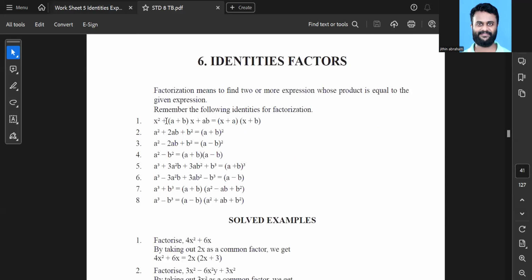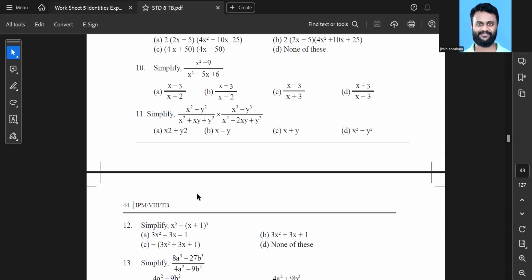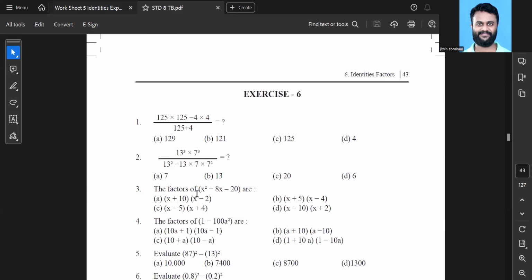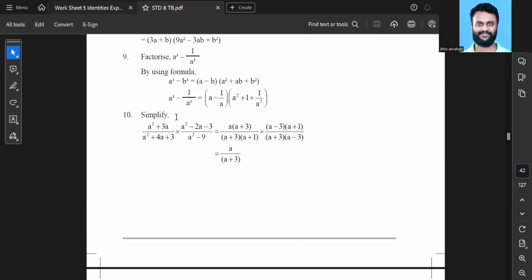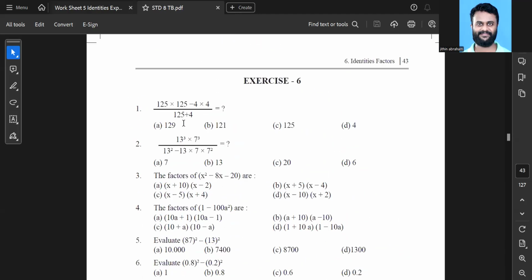We have learned these identities: x square plus (a plus b) x plus ab, then a plus b the whole square, a minus b the whole square, a plus b into a minus b, a plus b whole cube, a minus b whole cube, then a cube plus b cube and a cube minus b cube. We also saw a couple of problems in the solved examples where we are supposed to apply these logics.